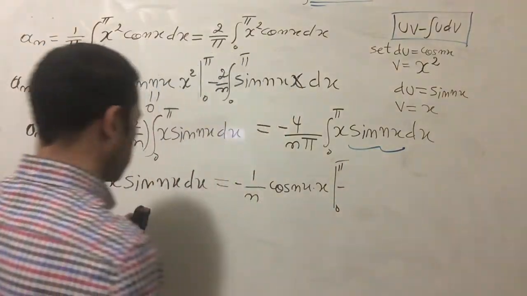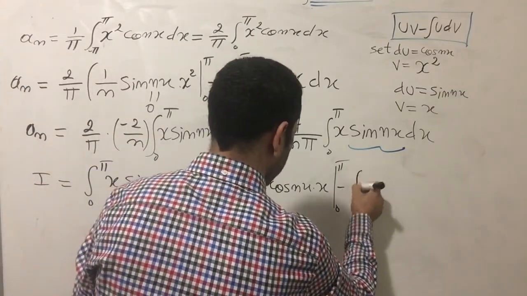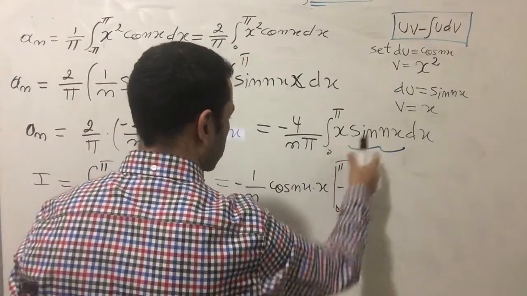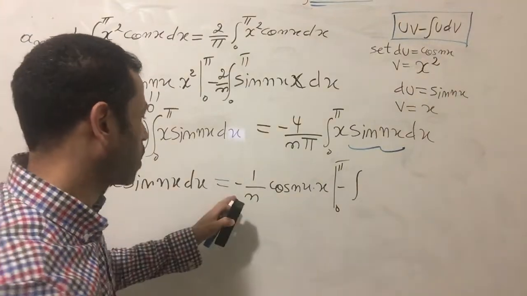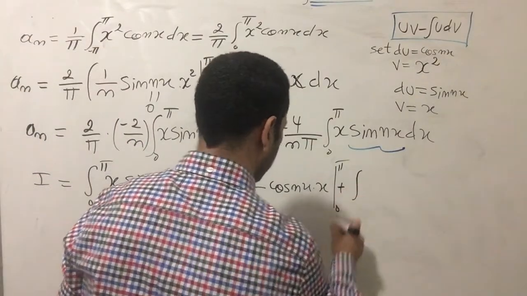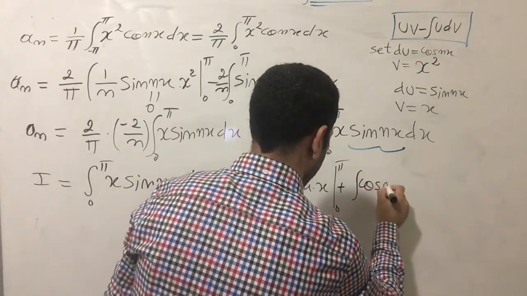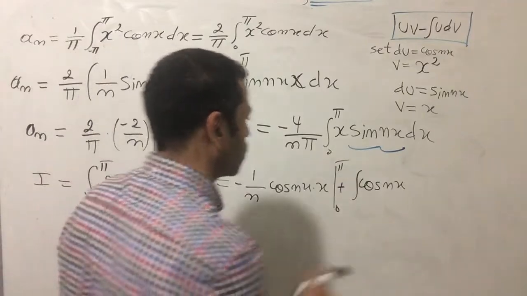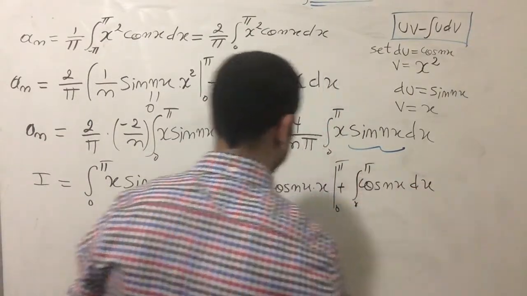Minus the integral of the primitive function of sine of nx, which is minus 1 over n cosine nx. With this sign it will become plus. So I will have cosine nx multiplied by the derivative of x, which is 1, dx, from 0 to pi always.